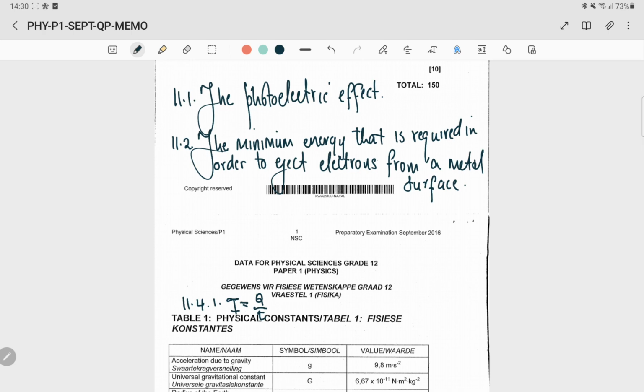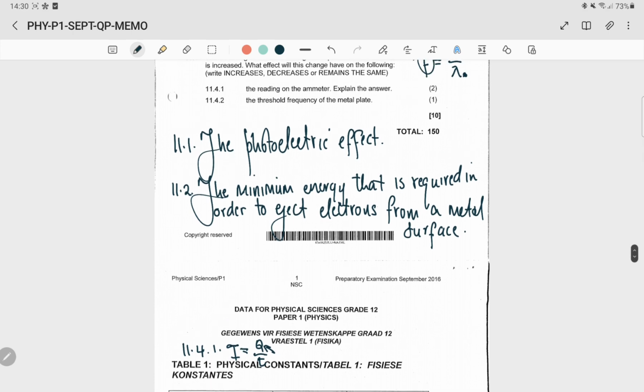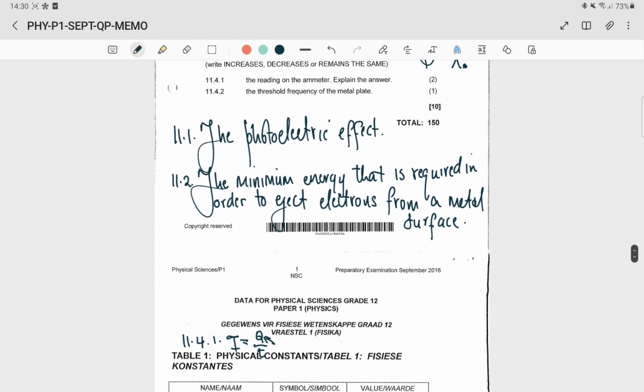An increase in intensity will increase the number of photons that are released per unit of time. So if you have more photons coming out of your light source, it means that more electrons will be released per unit of time. So the Q there will represent the charge, which means more electrons will be released per unit of time, so the current will go up.